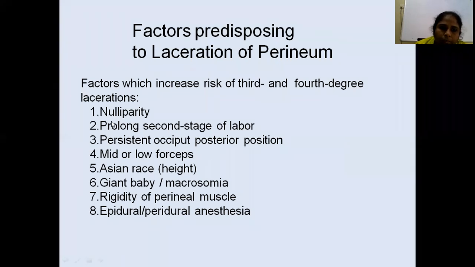Nulliparity means she has not undergone even one vaginal delivery. Other causes are severe sexual assault that leads to a severe perineal tear, a prolonged second stage of labor, persistent occipito posterior position, and forceps delivery. Asian races, usually Indian women, with short stature is very common, and that leads to cephalopelvic disproportion.